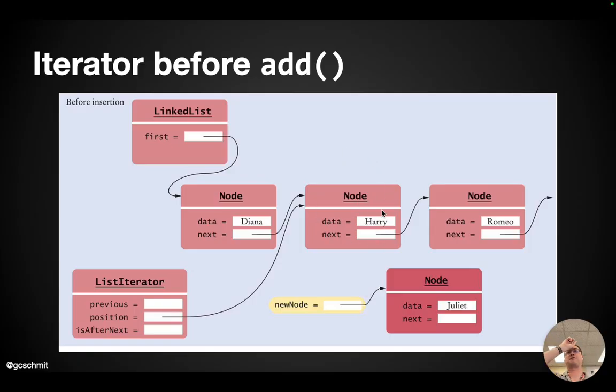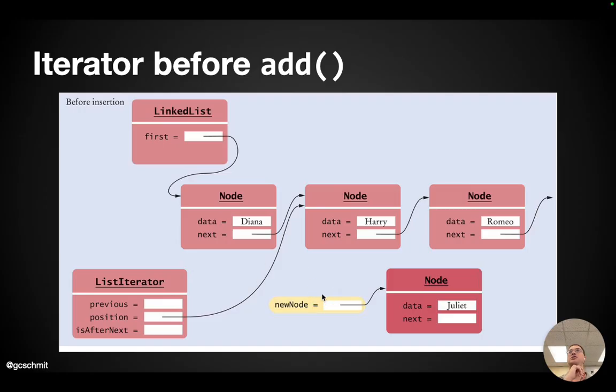So back in the chapter 15 world, our iterator is here between Harry and Romeo. That's where the new node is going to go. So position always refers to the node we've already iterated over, and when we call add, it goes after the node that position refers to. That's definitely a tricky part of all of this.